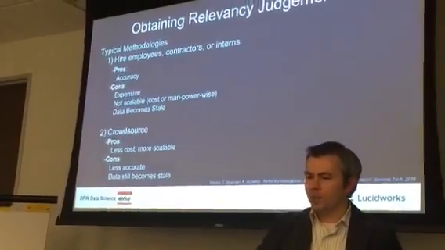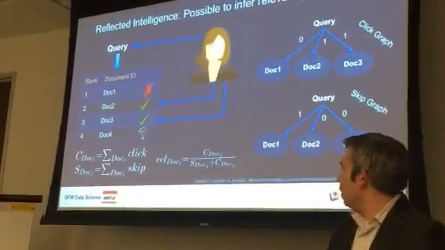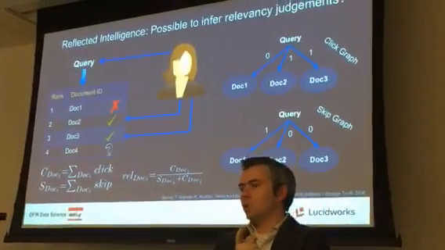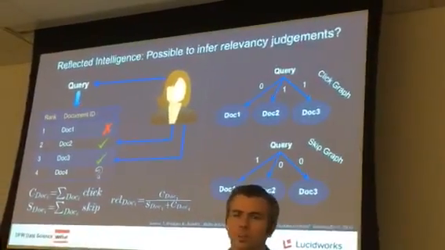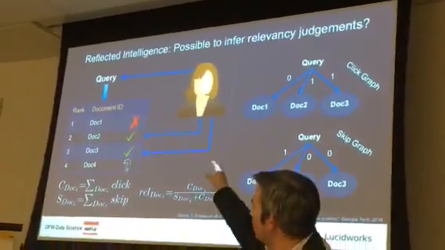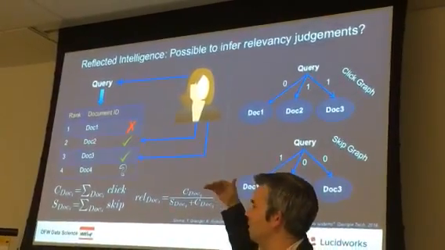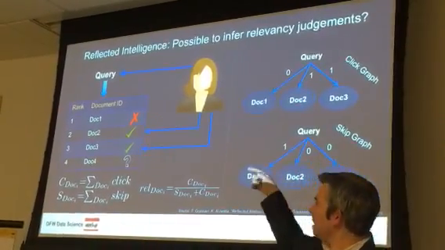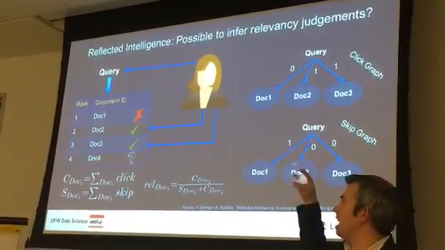I've done a little bit of work on this before. This is one example of a way you can do that, where you don't just look at the things people click on, but you also look at the things people skip over. It's called creating a click skip graph. So if someone skipped result number 1, clicked on number 2, clicked on number 3, and didn't go beyond that, then you can effectively say they had a positive vote for document number 2, a positive vote for document number 3, and a negative vote for 1.